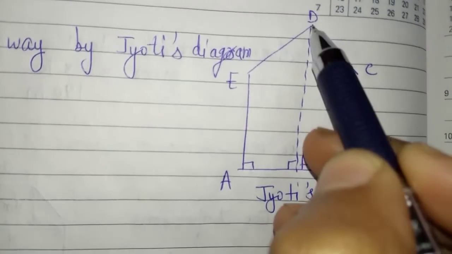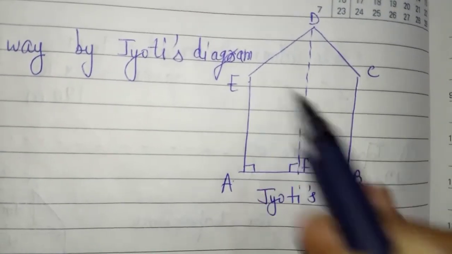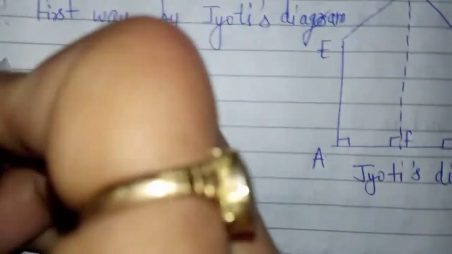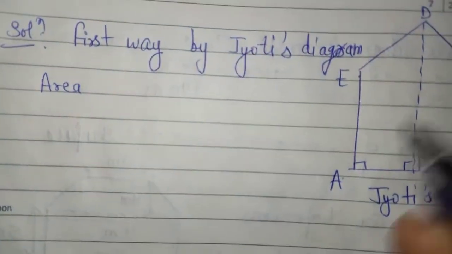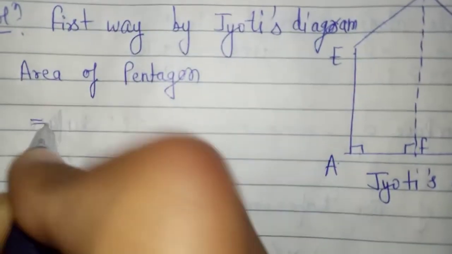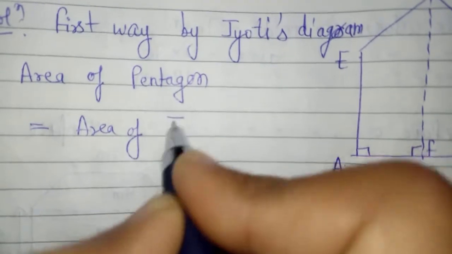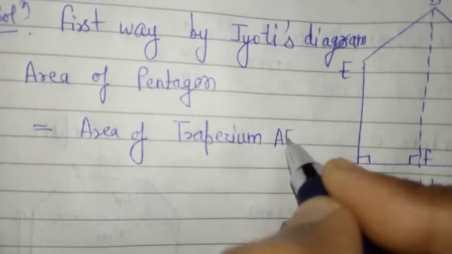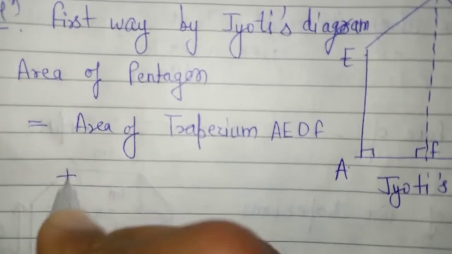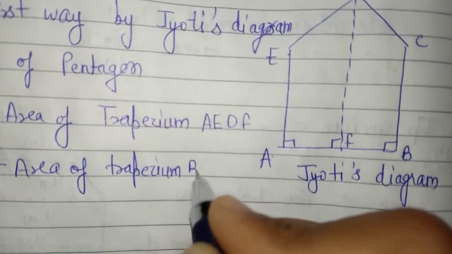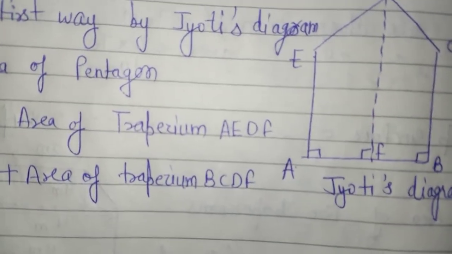Here we have one trapezium A, F, D, E and the other one is F, B, C, D. So by Jyoti's diagram, area of pentagon will be equal to area of trapezium A, E, D, F plus area of trapezium B, C, D, F. You can take any name for this.